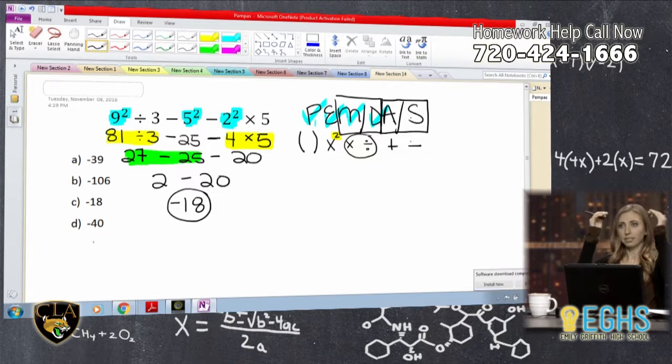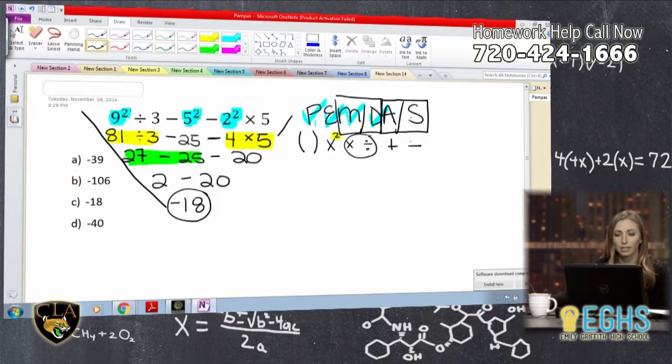Each expression and each step should be equivalent step by step. I used to tell my middle schoolers when I taught this that your work should almost look like an ice cream cone, where we start where it's really complicated and we're breaking it down smaller and smaller until we get to the tip of that ice cream cone. So it looks like our answer here is C, negative 18.